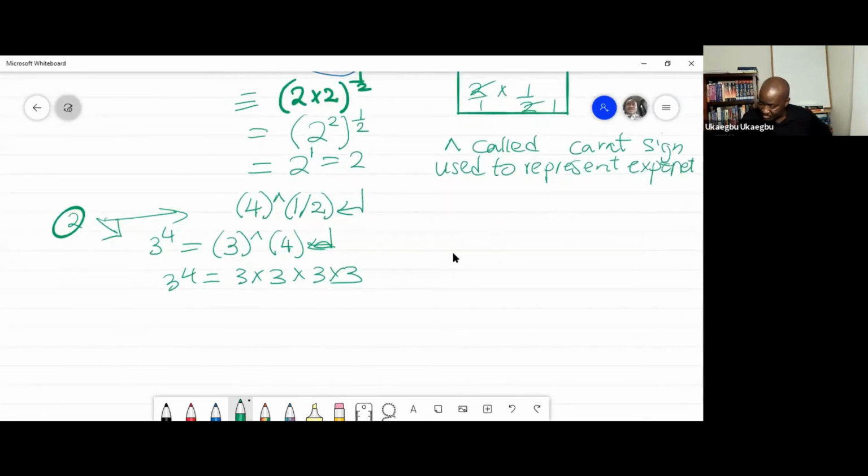And let's do example 3, different ways that exponents can be represented. Let's do other numbers.